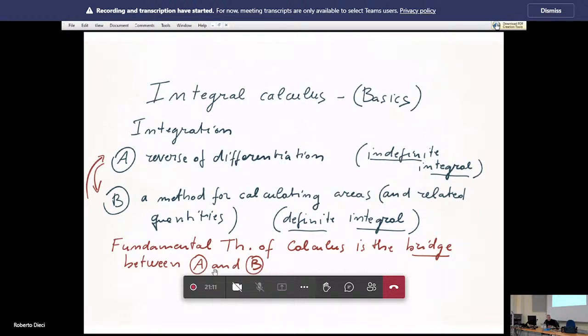Understanding the fundamental theorem of calculus means also understanding a way to express dynamic phenomena, dynamic aggregates of dynamic flows, by means of integrals. So it's not just important conceptually; it is also important in terms of notation.